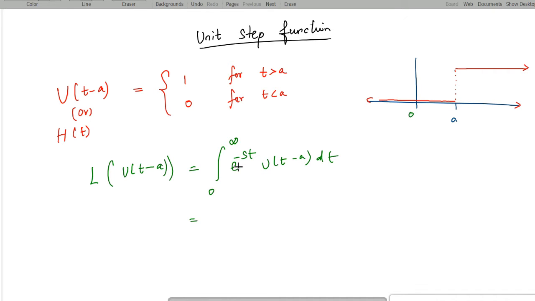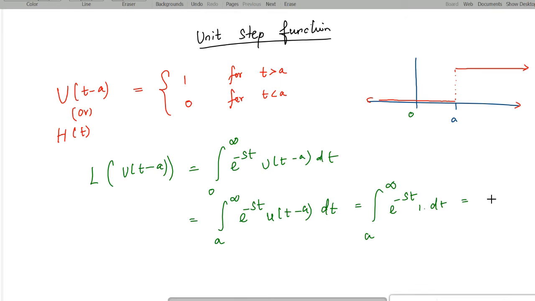So I am going to rewrite this integral as the integral from a to infinity of e power minus st u of t minus a dt. You can substitute the value of u of t minus a in the interval a to infinity.